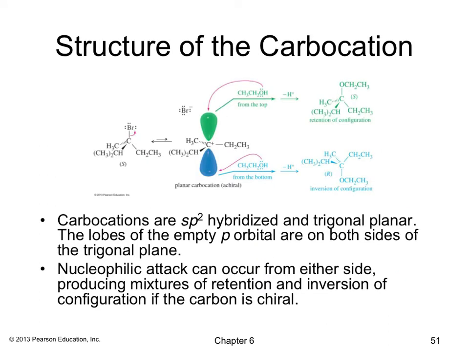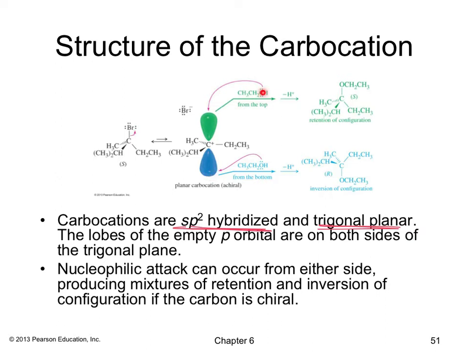And then in terms of the structure, carbocations are sp2 hybridized, and we've talked about that before, as well as being trigonal planar. So the lobes of the empty p orbital are on both sides of that trigonal planar conformation. After it releases, again with equilibrium arrows, you're going to have Br minus, and here's the empty p orbital.